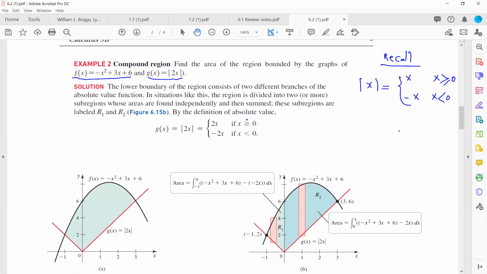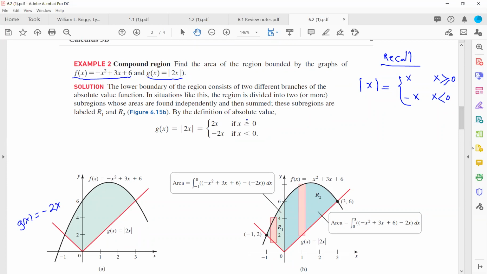So when x is positive, you just have a line 2x. When x is negative, you have a decreasing line minus 2x. So the upper function, f of x, is negative x squared plus 3x plus 6. And the lower function is a piecewise defined function. On the left-hand side, you have g of x equals minus 2x, just a line segment.